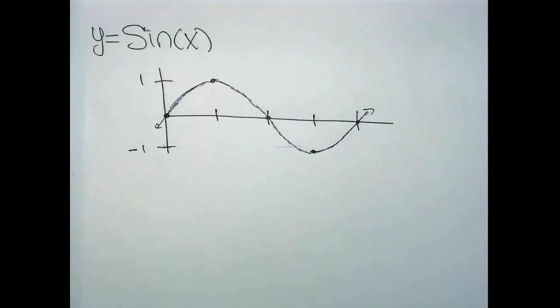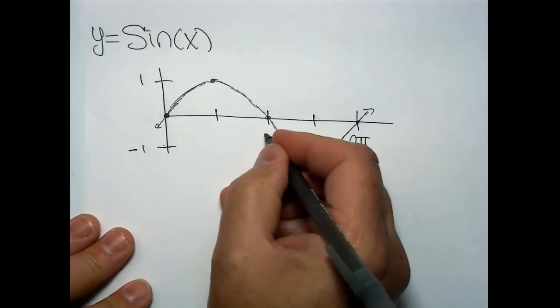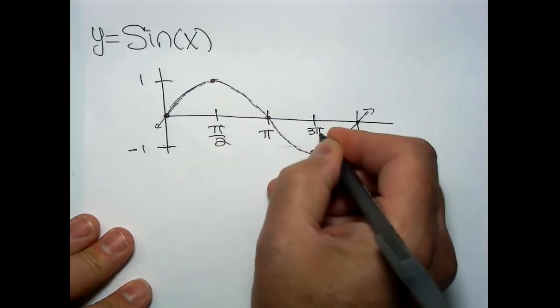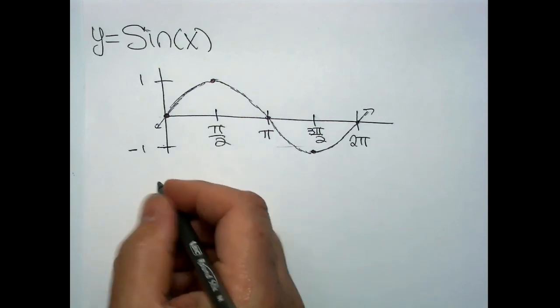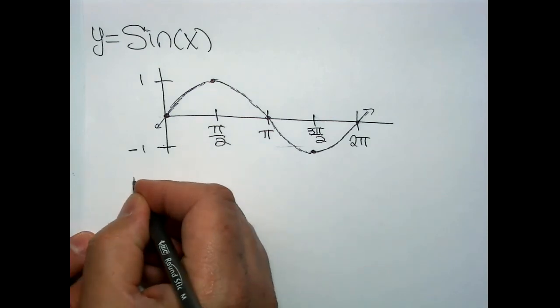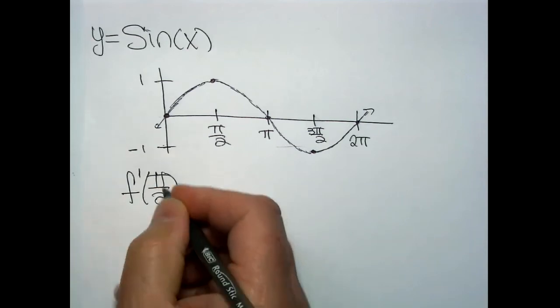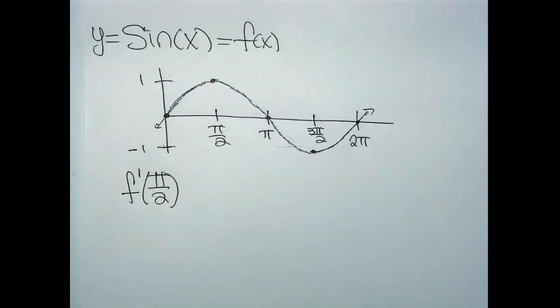So a couple questions for you here. I do know the period is 2 pi, therefore this is pi over 2, and this is 3 pi over 2. And without actually knowing the derivative, I have a couple of questions. What do you think f prime would be at pi over 2? So again, this is f of x. Y equals f of x.